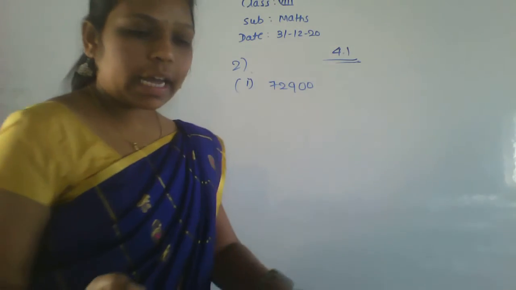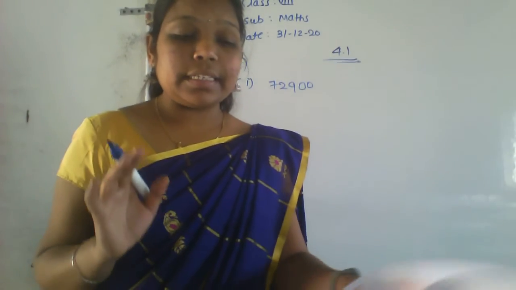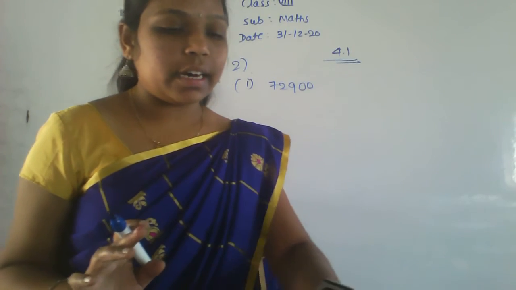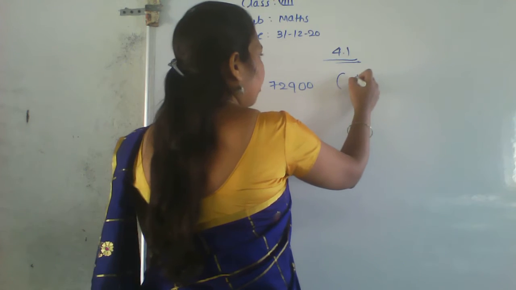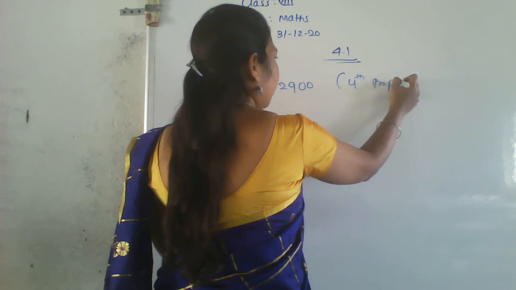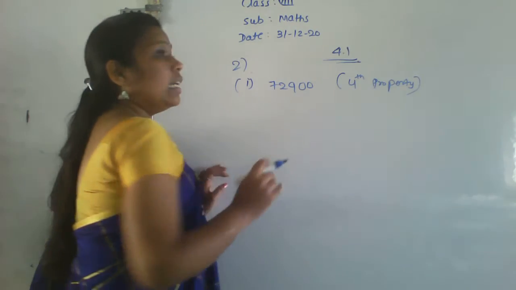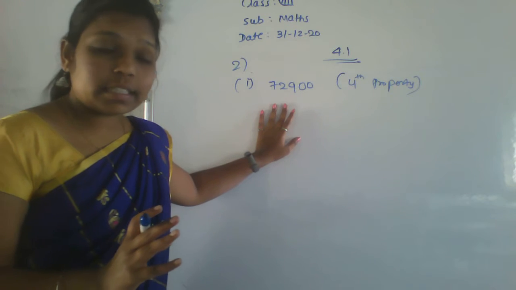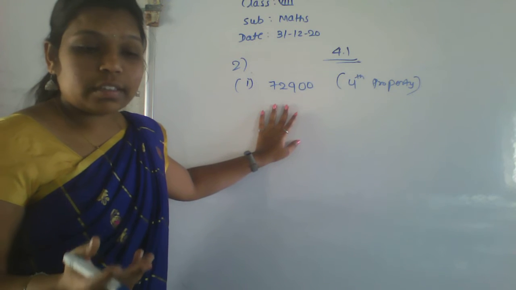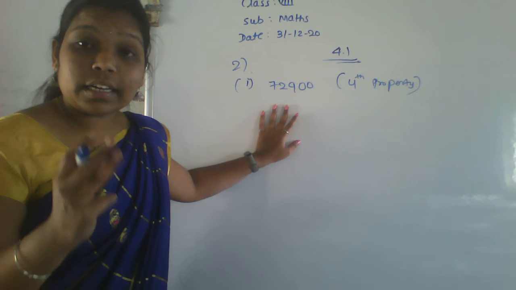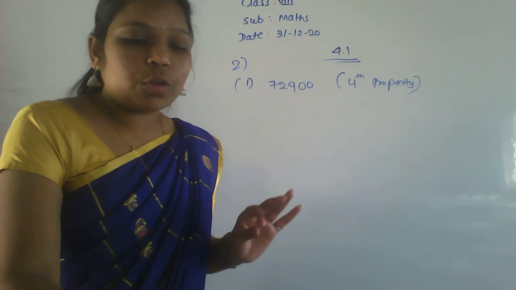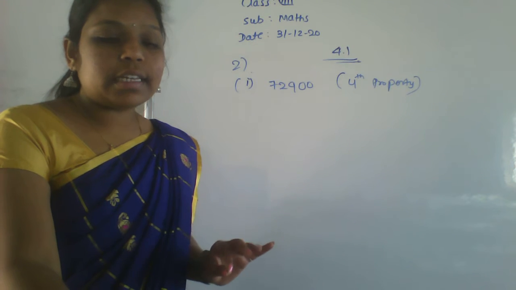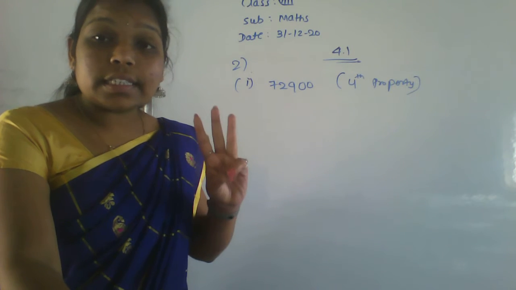72900 is there. If the cube of a number is ending with a 0, here I am using the fourth property. Observe the fourth property: if the cube of a number is ending with a 0, then it must end with 3 zeros. The property says the cube of a number ending with a 0 digit ends with 3 zeros.